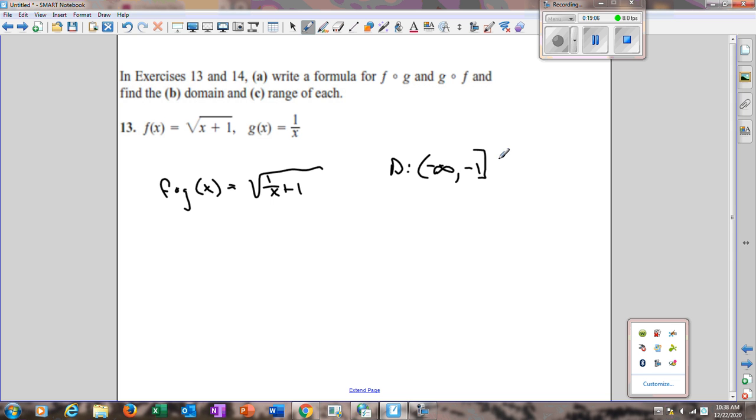But then any number between -1 and 0 would not work because I can't have a 0 in the denominator. And if I did like -0.5, that would give me -2 plus 1, which would give me a negative under the root. So then it's going to have to pick up at 0, but not including 0, and then go to infinity.